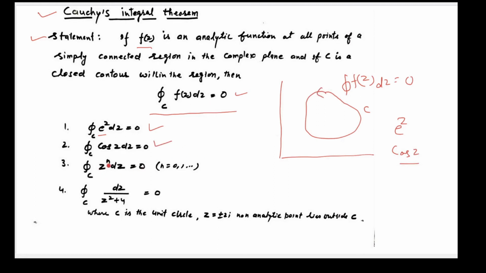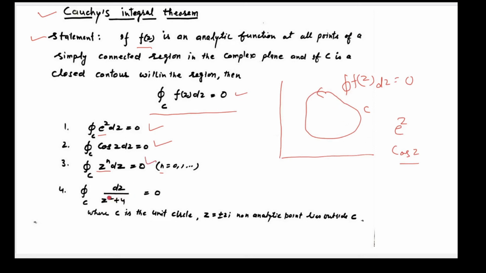Also for z raised to power n, where n is equal to 0, 1 and so on, this is also an entire function, meaning f(z) equal to z raised to power n is analytic within this contour. So the integration will be equal to 0.